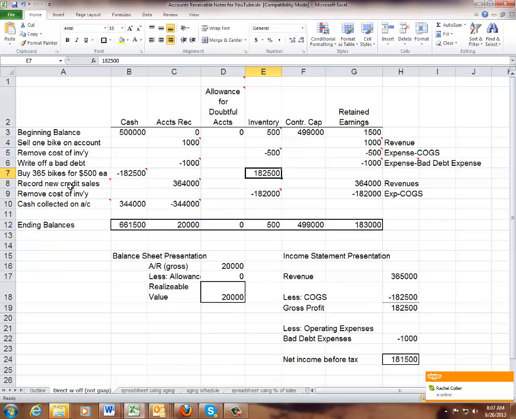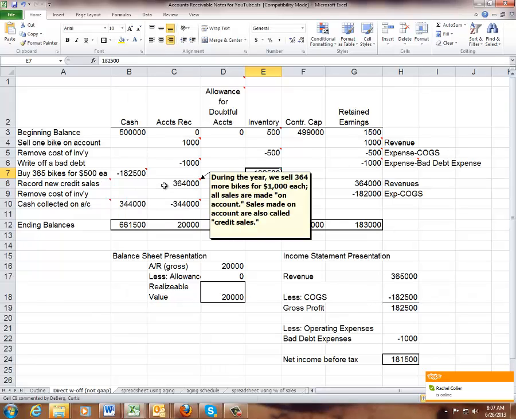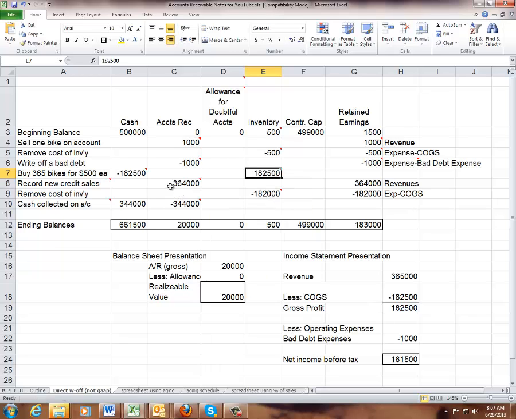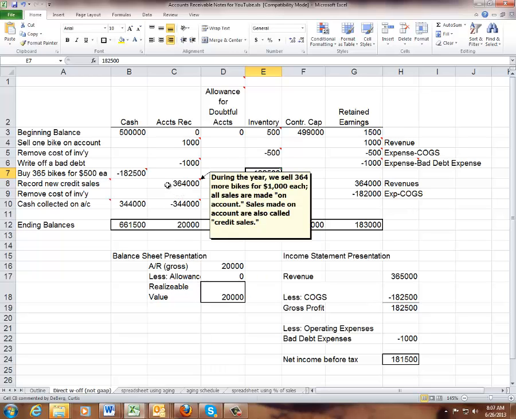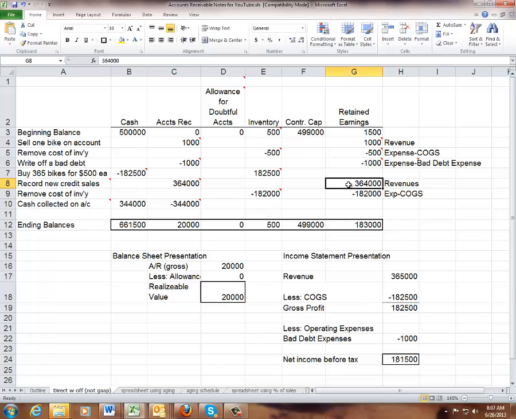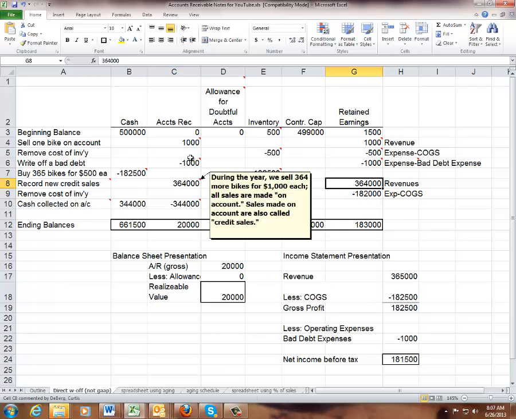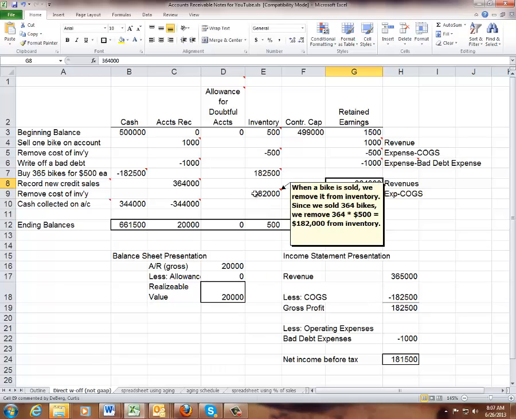Now, during the year, let's say we sold 364 of those bikes at $1,000 each. If all sales occurred on account, meaning it was a, quote, credit sale, accounts receivable goes up, debit, we're going to credit revenue. If we sold 364 bikes, we then must remove all 364 of those bikes from inventory.